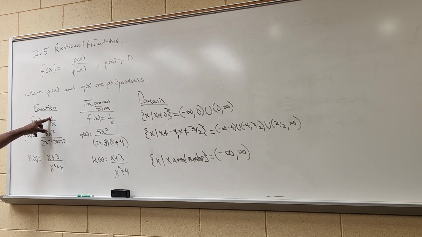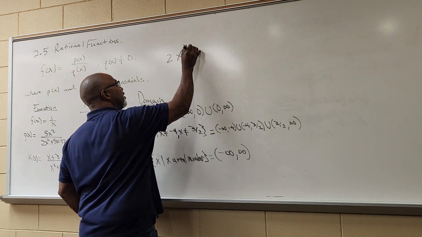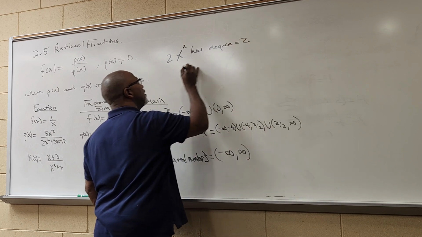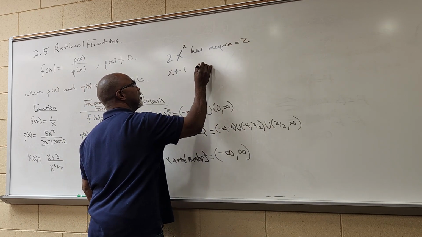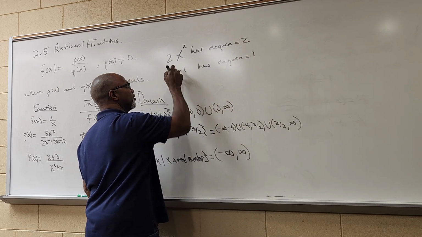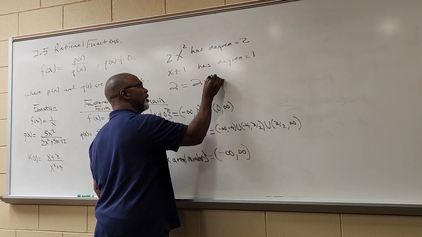1 has degree 0. Any number, whether it's 1 or 1/2 or 3/4 or negative 6, a number will have degree 0. Okay? A number will have degree 0. And that kind of makes sense. If I said that 2x squared has degree equal 2, and x plus 1 has degree equals 1, because there's x to the first. Well, when I write a number, it's like 2. Technically, what I can write is 2x to the 0.